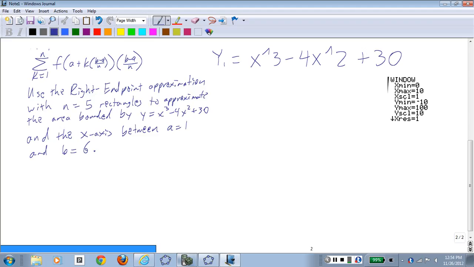So each little rectangle will have a base of 1 unit. I don't know that I actually see the picture there, but maybe when we look at the GeoGebra version of it, we will. So from a equals 1 to b equals 6.